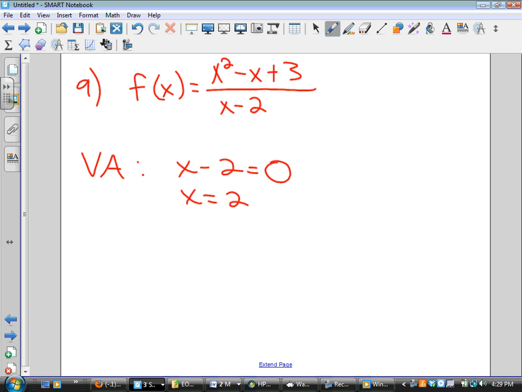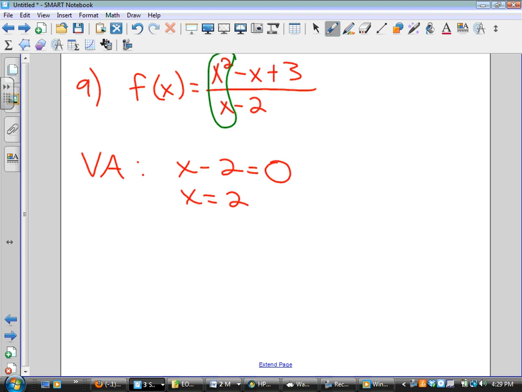Okay, so now to determine if there is a horizontal or oblique asymptote, we have to look at the powers in the leading terms, so the terms with the highest powers. So the numerator has a power of 2, and the denominator has a power of 1.